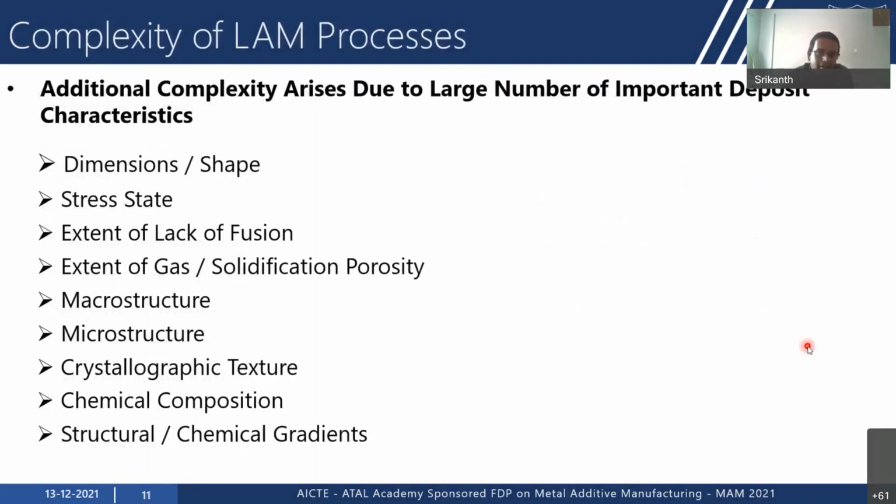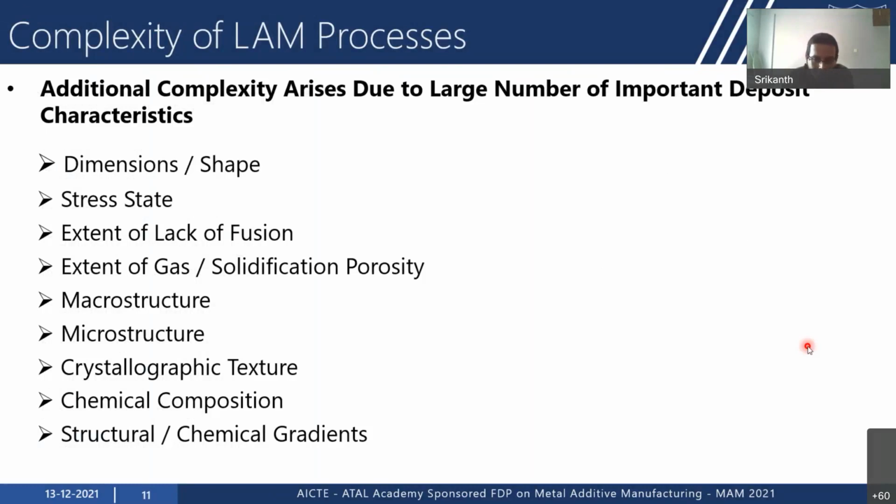Then you have a large number of deposit characteristics that need to be understood. For example, as I said, the melt pool is one of the most important ones that determines the build conditions, and we need to look at the melt pool shape and melt pool dimensions. Then we need to look at defects such as porosity, which can come from the powder or from the process parameters. It can be gas porosity or lack of fusion porosity.